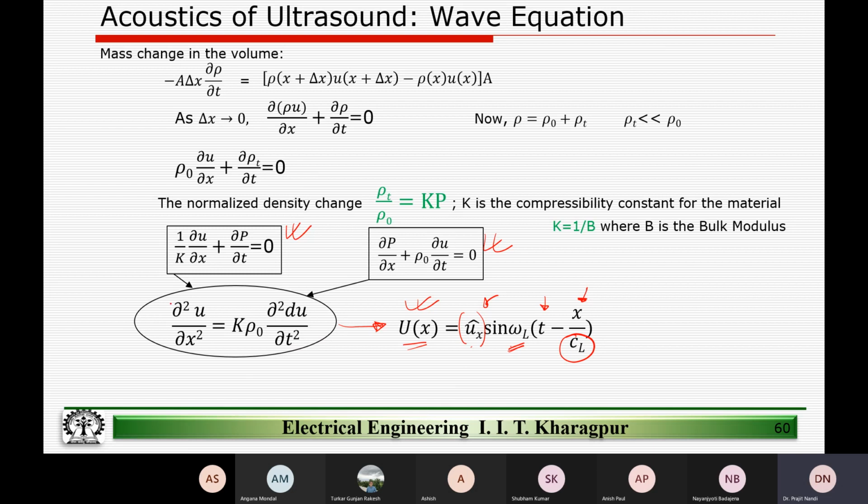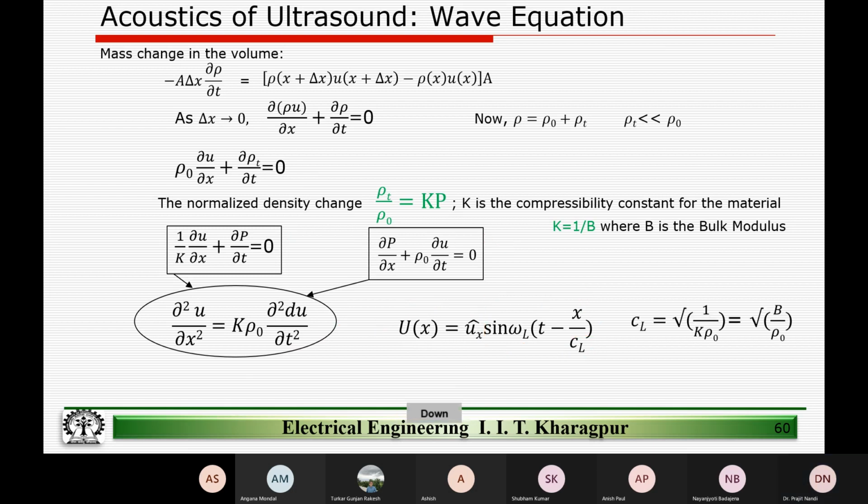Combining these two, we land up with a relation which shows how the velocity u is changing with respect to time as well as the axis, the location on the x-axis. So we'll end up with a nice sine wave kind of a term.